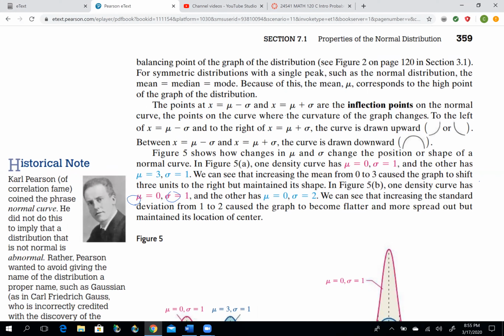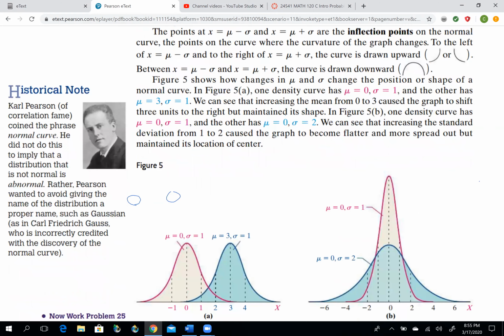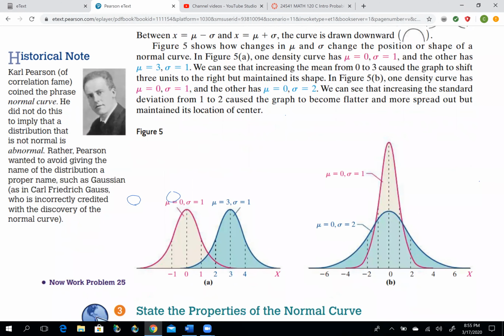Those inflection points are the points where the graph changes behavior. Now let's look at here, see what happened.